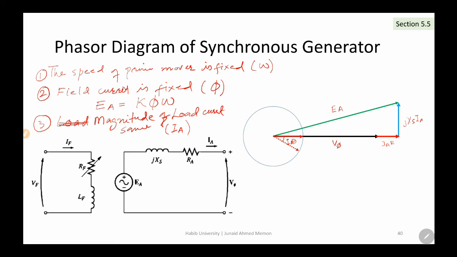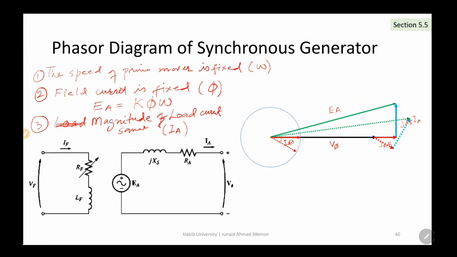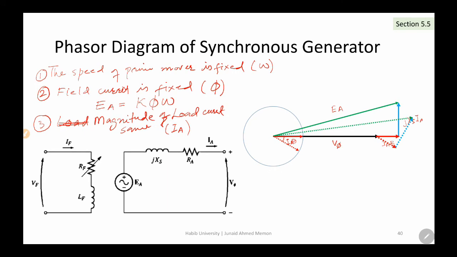Now if we want to compare the resistive load and the inductive load, and look at the resistive component and the reactive components, the reactive components corresponding to this load current will be shown in the dashed part. So that will be the phasor diagram.